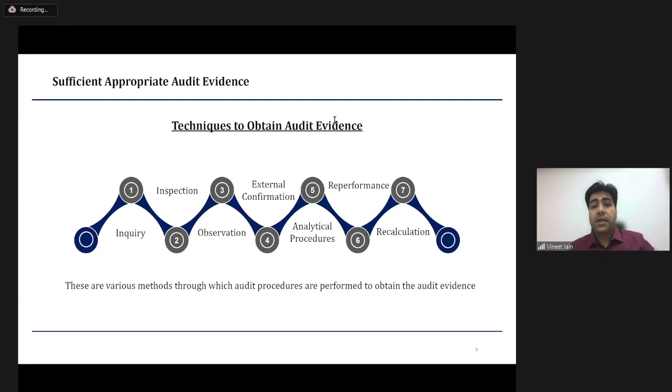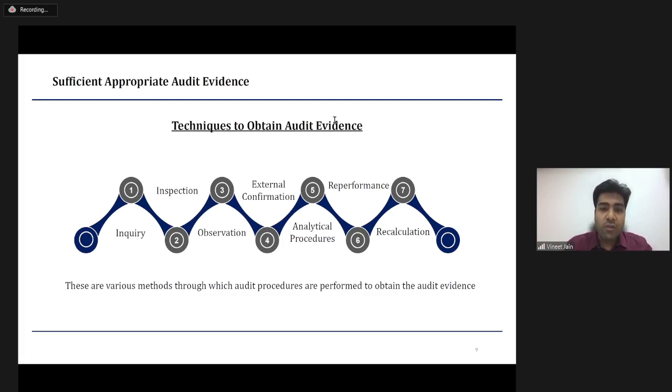The fourth aspect is external confirmation. External confirmation is a very reliable one. We just discussed an example wherein we talked about how we got the balance confirmation from the bank. So any audit evidence which is obtained from outside the organization under audit, which is independent of the management, from some third party, that is known as external confirmation.